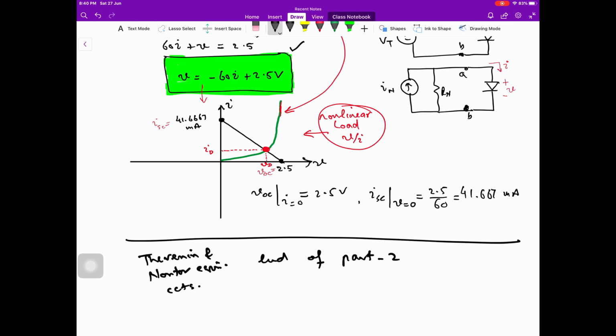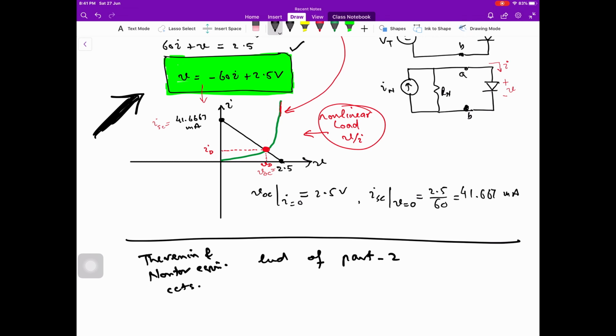In the first type of example, I selected a circuit where all sources are independent, the second example was of a circuit where all sources are dependent, and in the third example, we have both independent and dependent sources. And the last example over here is when we have a non-linear load. This is a very interesting conclusion of the application of Thevenin equivalent and Norton equivalent.